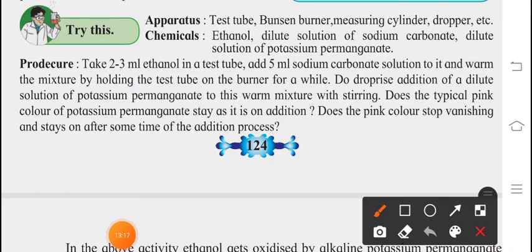So for this question, does the pink color of potassium permanganate stay as it is on addition? Obviously no. Does the pink color stop vanishing and stay on after some time of the addition process? Obviously the pink color won't stop, it stays pink because we are adding potassium permanganate. If we do not add potassium permanganate, then obviously the pink color vanishes.